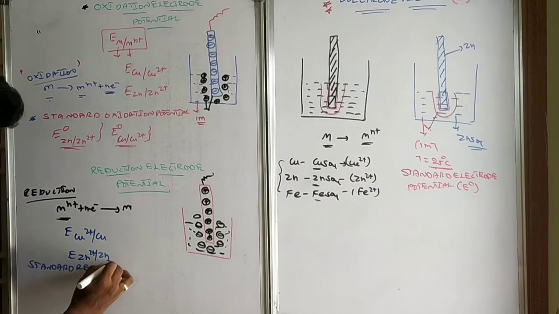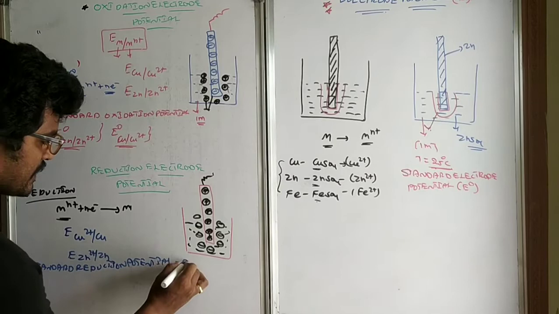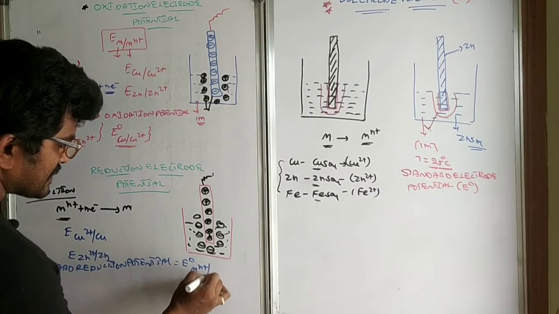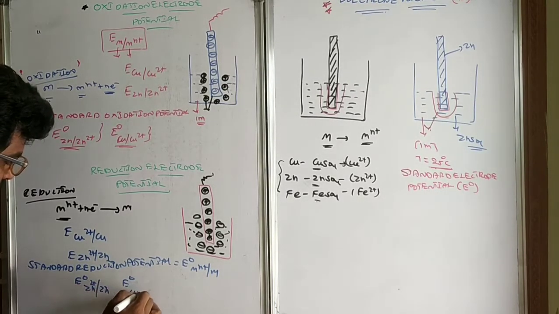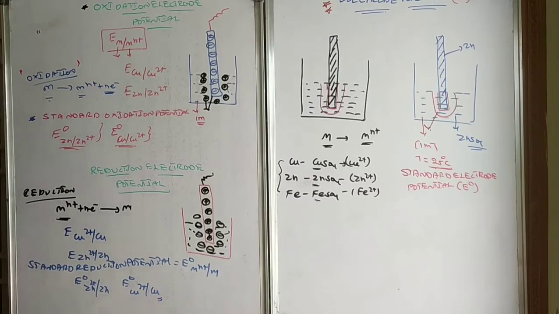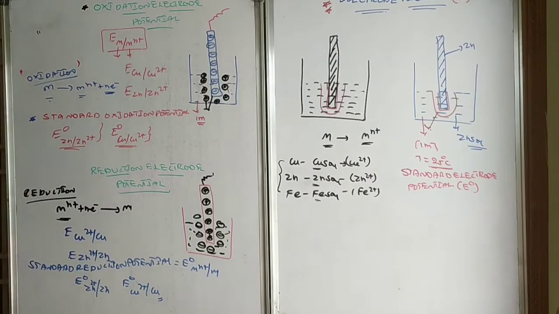Standard reduction potential is E0(Mn+/M), that is E0(Zn2+/Zn), E0(Cu2+/Cu) will come. Like this we can understand and identify what an electrode potential is and the things regarding the electrode potential. This is the basic thing you should know before understanding electrode potential.